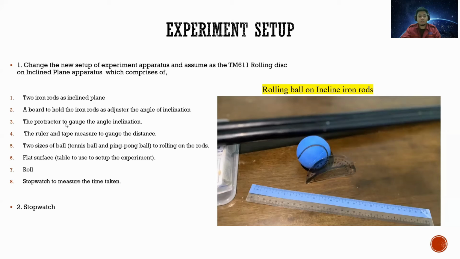Then the protractor to gauge the angle of inclination, the ruler or tape measure to gauge the distance, the two balls, a tennis ball and a ping pong ball, to roll on the rods, a flat surface, and we use a table to set up the experiment. The last one is a stopwatch to measure the time taken.